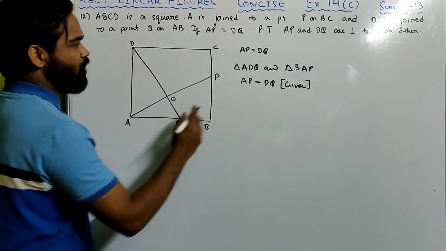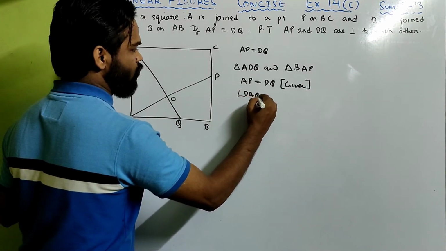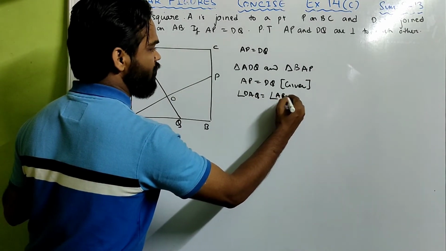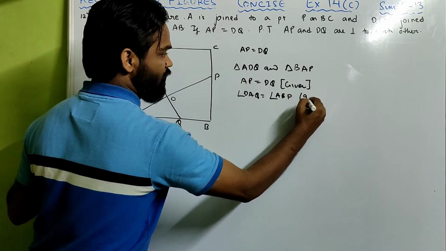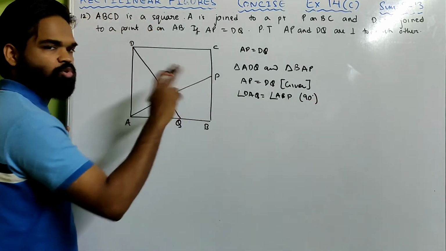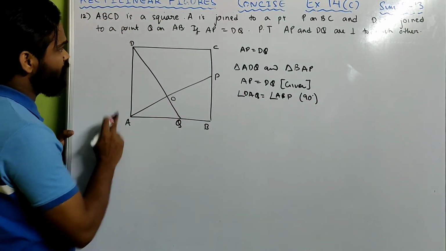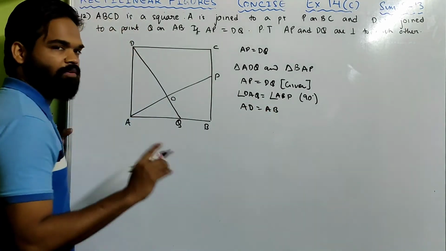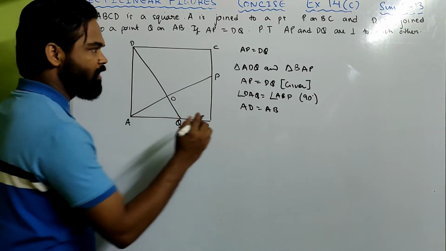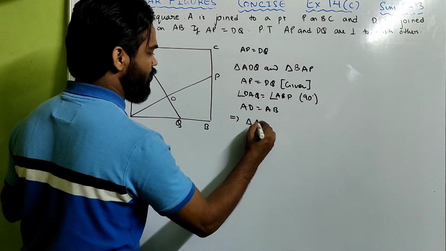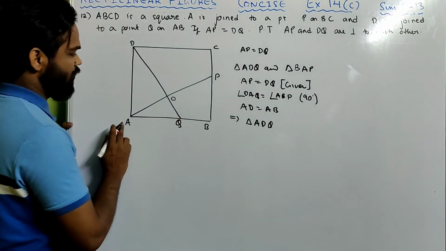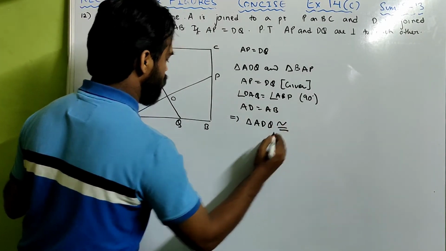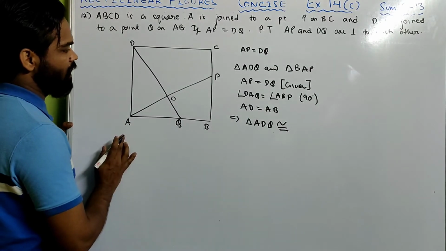Angle DAQ is equal to angle ABP, that's 90 degrees. This was also given to us because it's a square. And AD is equal to AB, that's the adjacent side of the square. They have to be equal, which simply means triangle ADQ is congruent to triangle BAP.